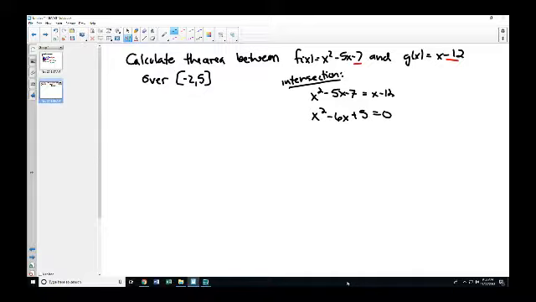Okay, so all polynomials, set them equal to 0, right? First thing you try is factor, maybe factor.